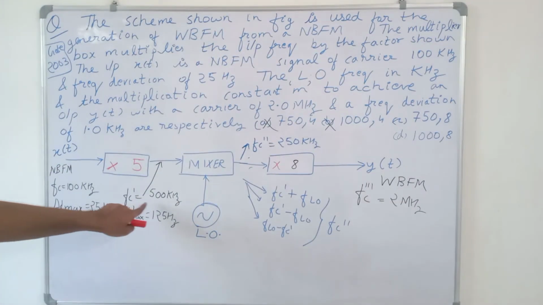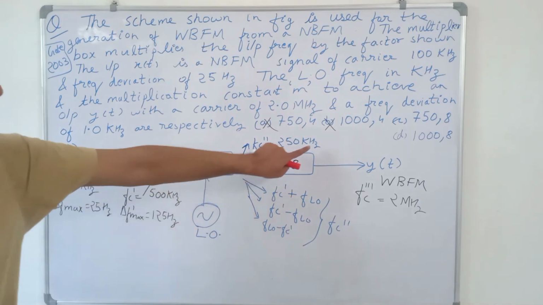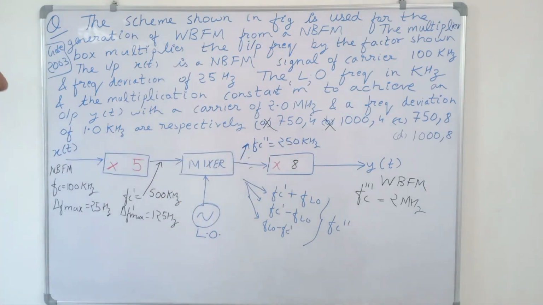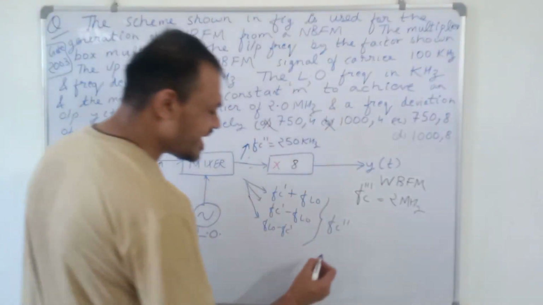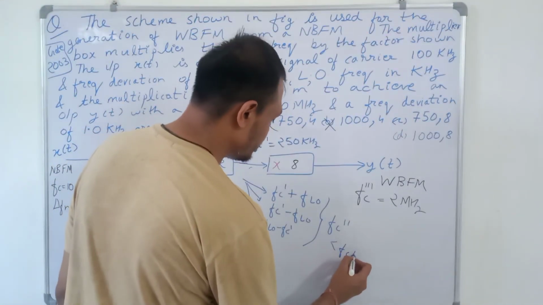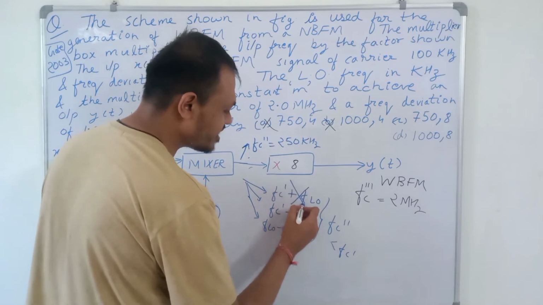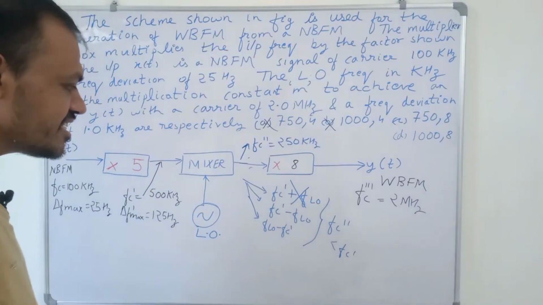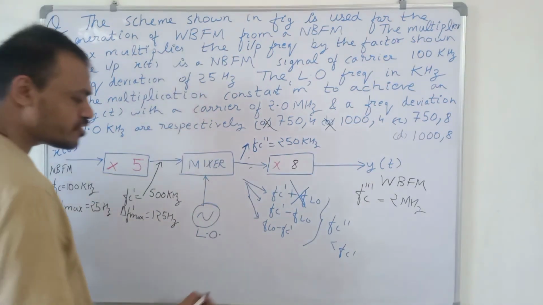Now fc dash is 500 kilohertz and fc double dash is 250 kilohertz. So fc double dash is less than fc dash. So the sum option cannot be there, because then fc double dash would have been greater than fc dash. Now we are left with two options.